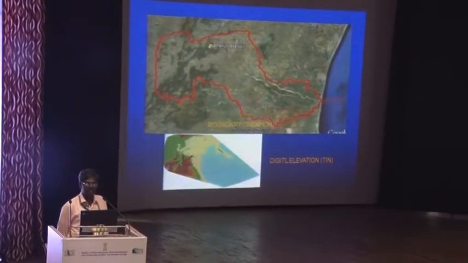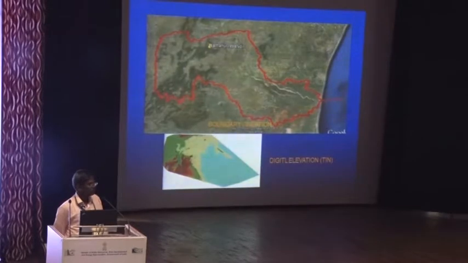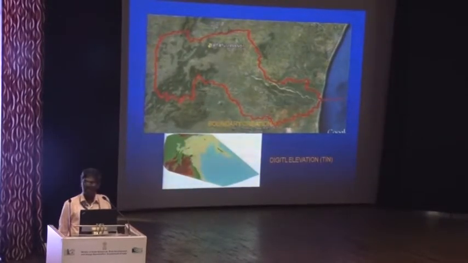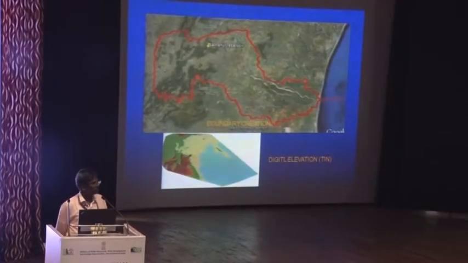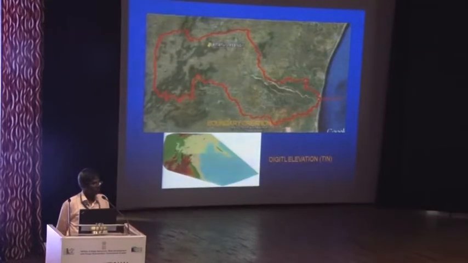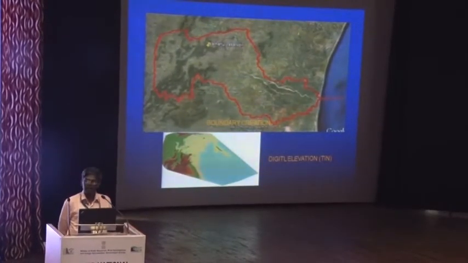Here I am showing the Google Earth map, because it is readily available on the internet, so we need not bother about taking the data from somewhere else. In addition, the topographical map, which is given by a government agency, and satellite imagery from NRSA can be used.